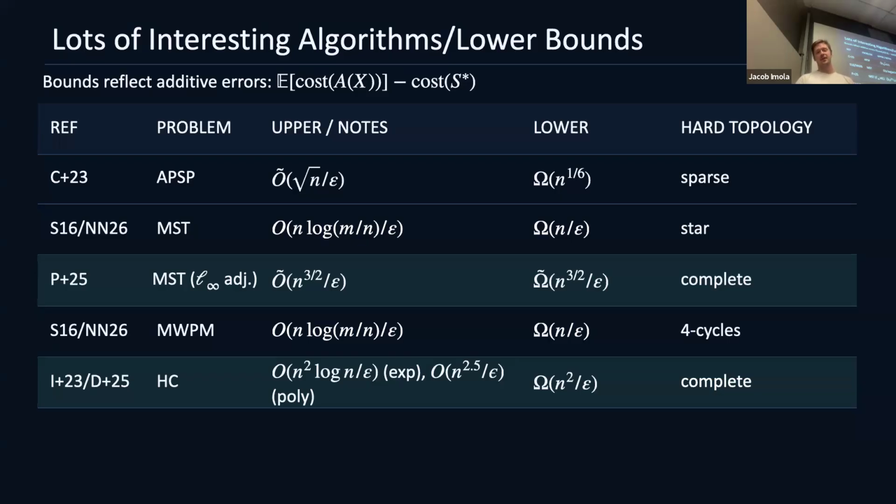So there's a lower bound of omega n squared over epsilon, and an upper bound that matches that up to log factors, but it takes exponential time. So sometimes that happens in differential privacy, where you have an exponential time algorithm and a polynomial time algorithm that has worse error of n to the 2.5 divided by epsilon.